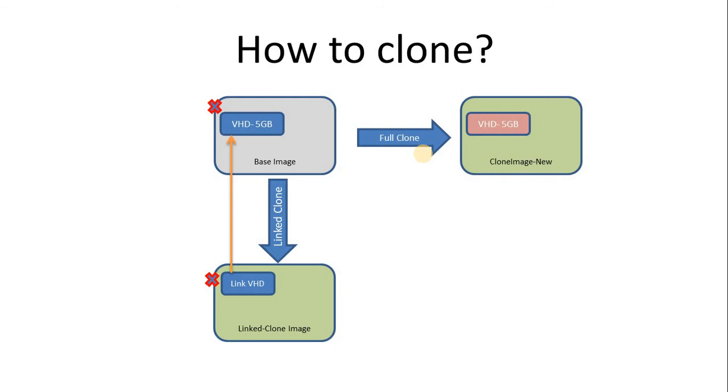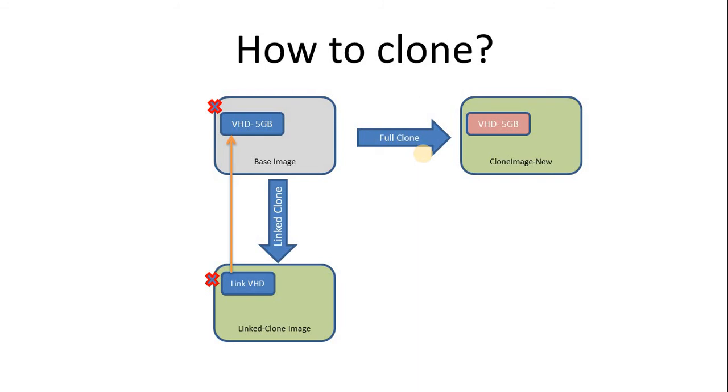Otherwise your linked clone image might throw an exception. So here is the difference between full clone and linked clone. The advantage of a linked clone is that it shares the hard disk, and you can create the clones quickly.